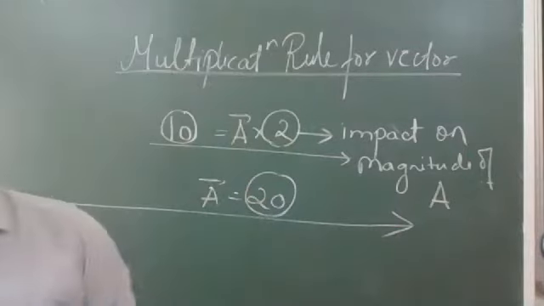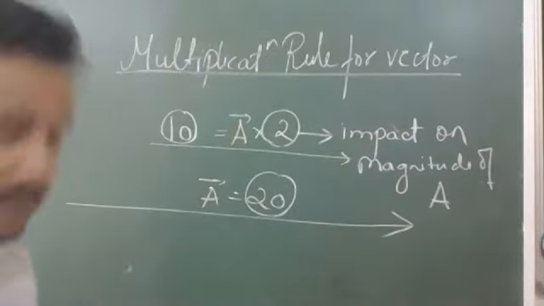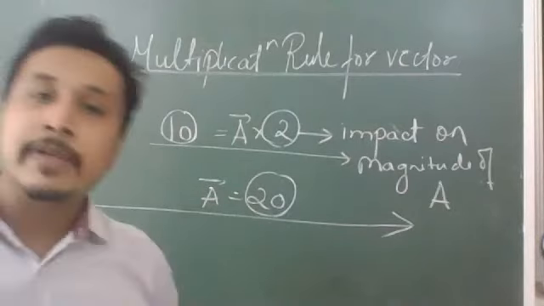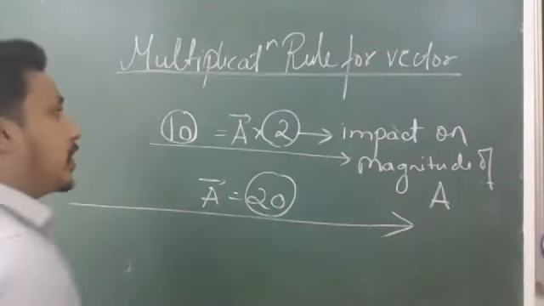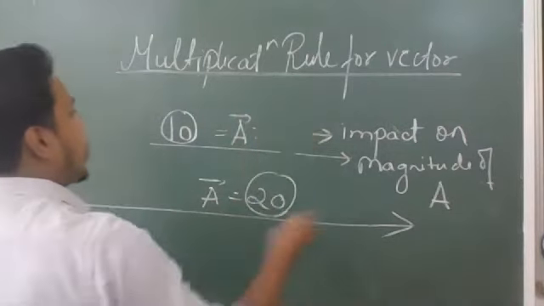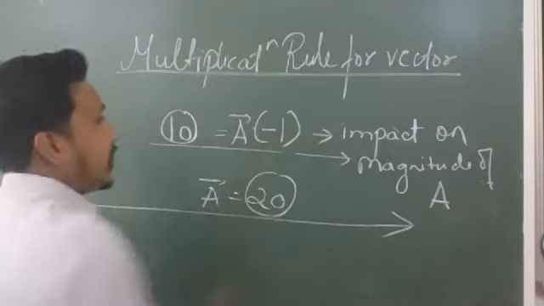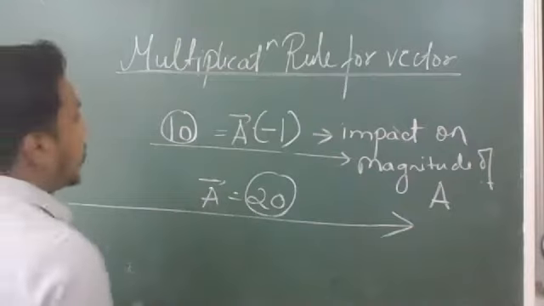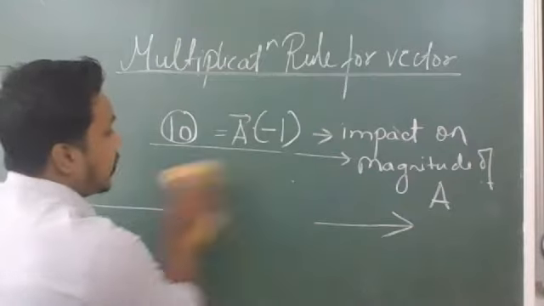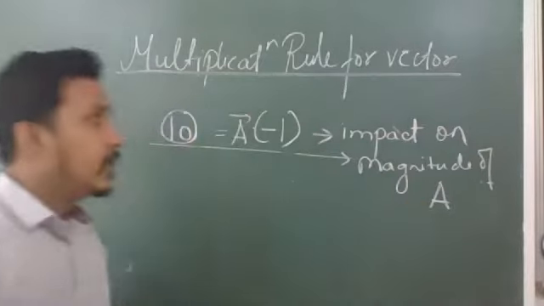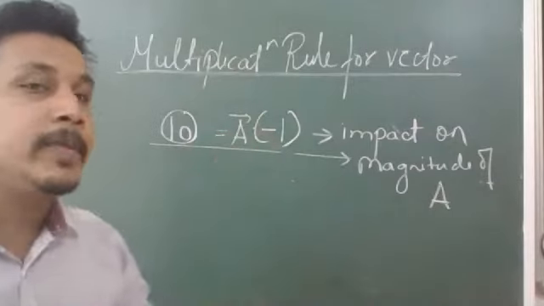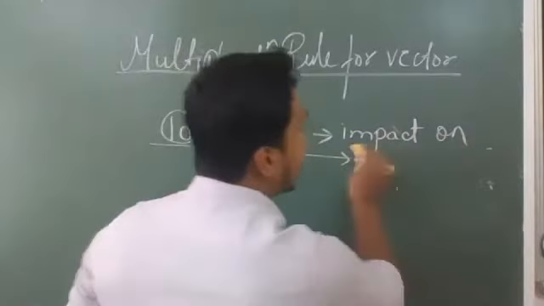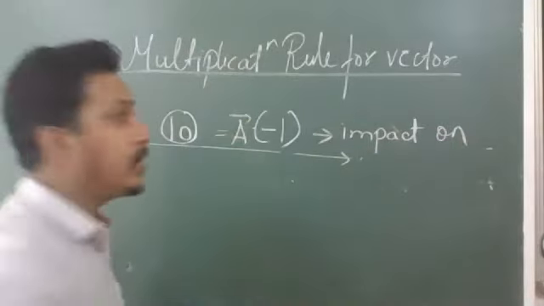Now we will see what the impact is if we multiply the vector a with a negative real number. For example, if I multiply a with -1, what is going to happen? The answer is simple: the impact will be only in the direction part of the vector.